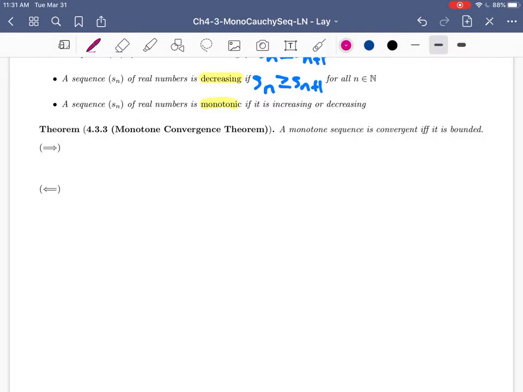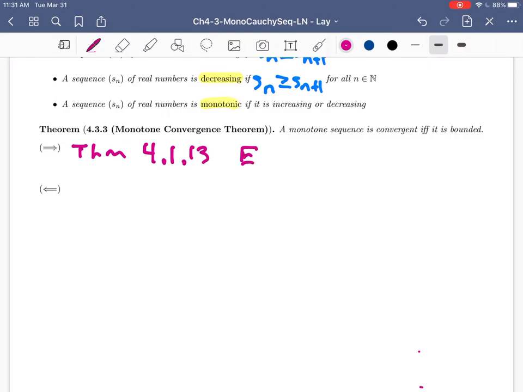And so in that forward direction, if we wanted to prove this, if it is convergent, then it's bounded. Turns out this is true. We've actually already proven this. We proved this back in the section 4.1 videos. Theorem 4.1.13 says if a sequence is convergent, then it is bounded, right?